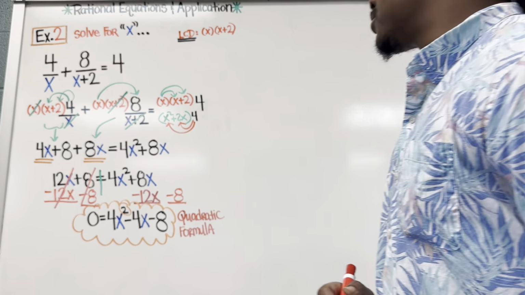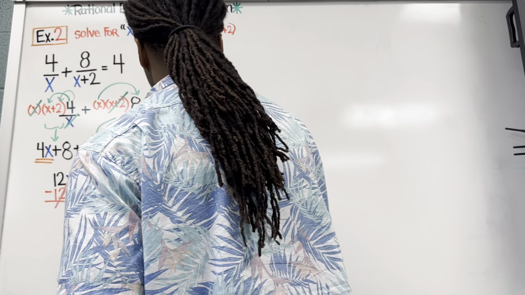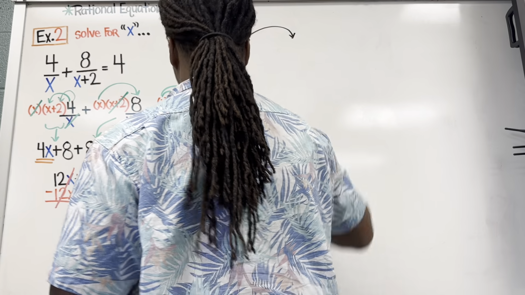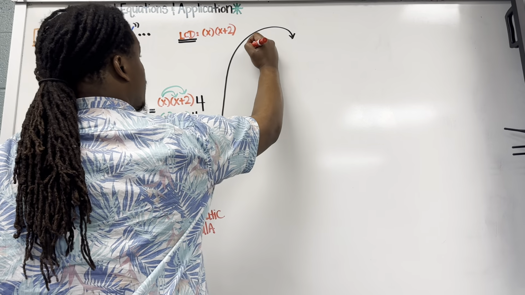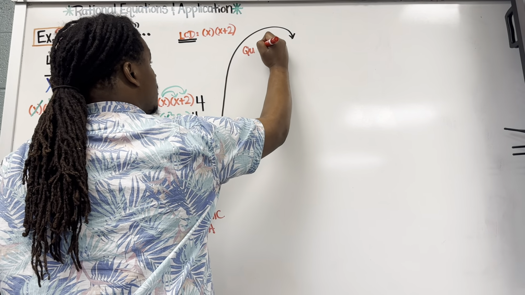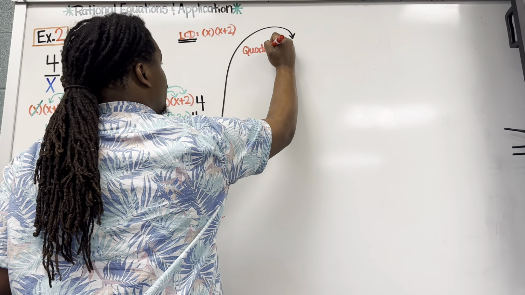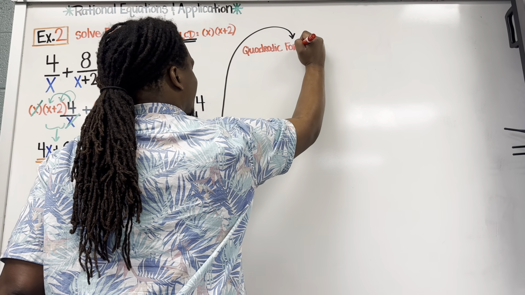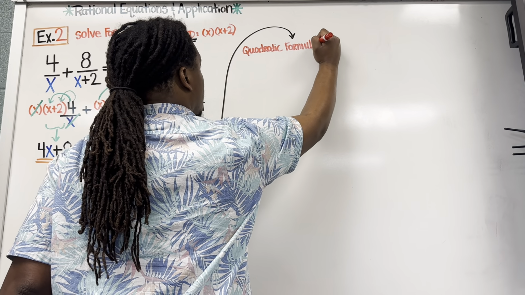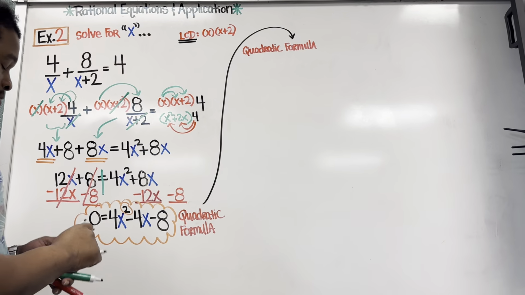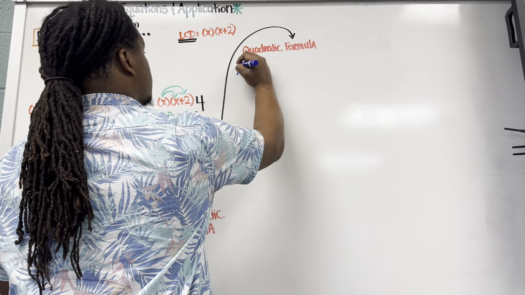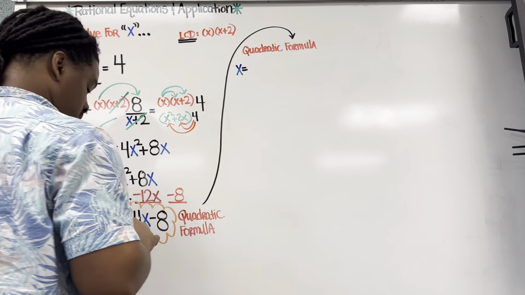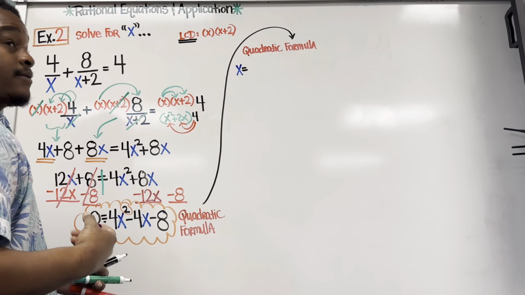Okay? We're going to use the quadratic formula, and we're going to move over here. I'm going to write out the quadratic formula. Okay, guys, so the quadratic formula, which I know most people learn in algebra, equals x equals, okay, and I'm going to use different colors, right?